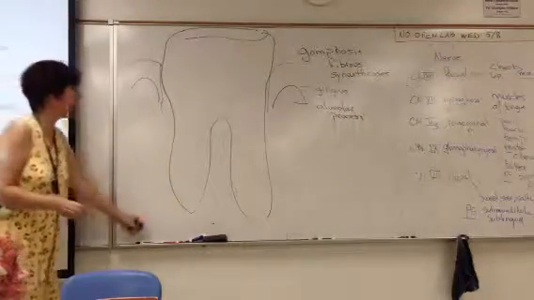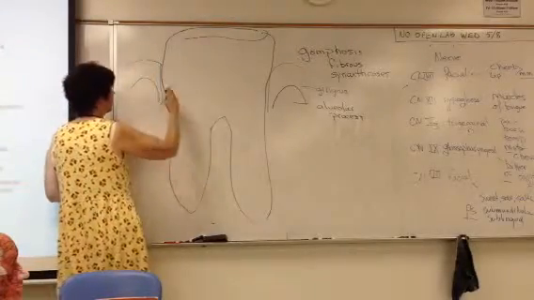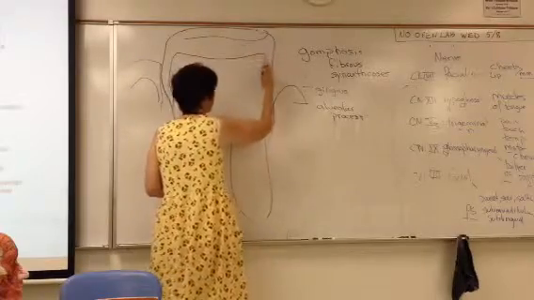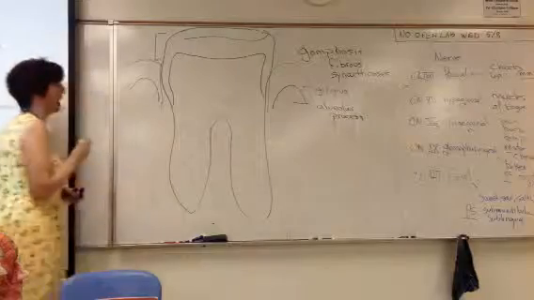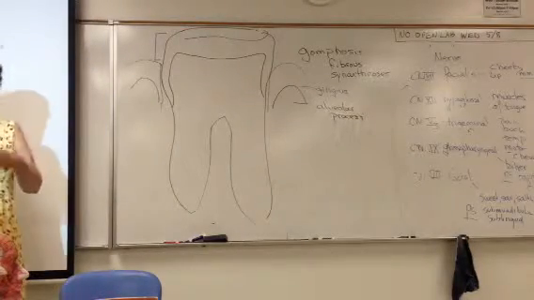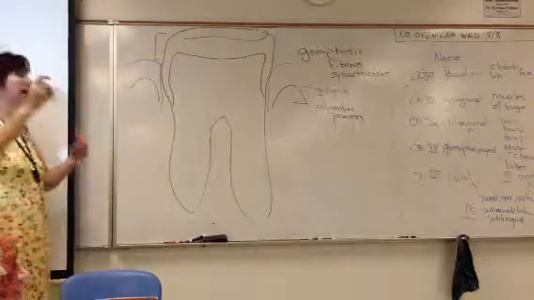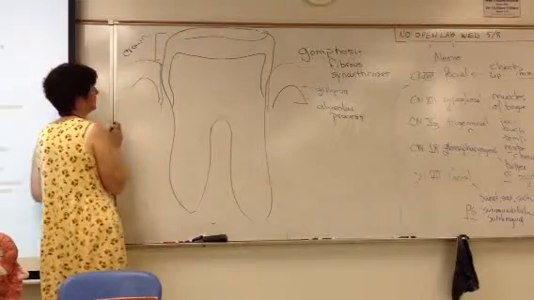Okay, so looking at just this region, the part that has enamel associated with it, shown here, above the gum line would be the crown, and I haven't drawn it very high.